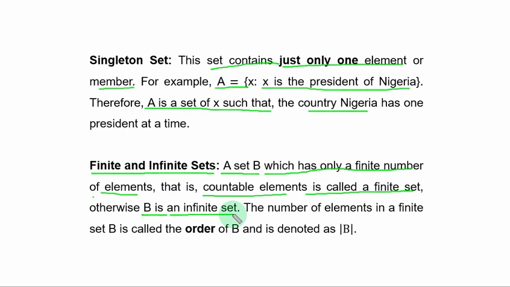If the elements of B are uncountable, B is said to be infinite set. The number of elements in a finite set B is called the order of B and is denoted as this. So this is order B, the number of elements in a finite set.